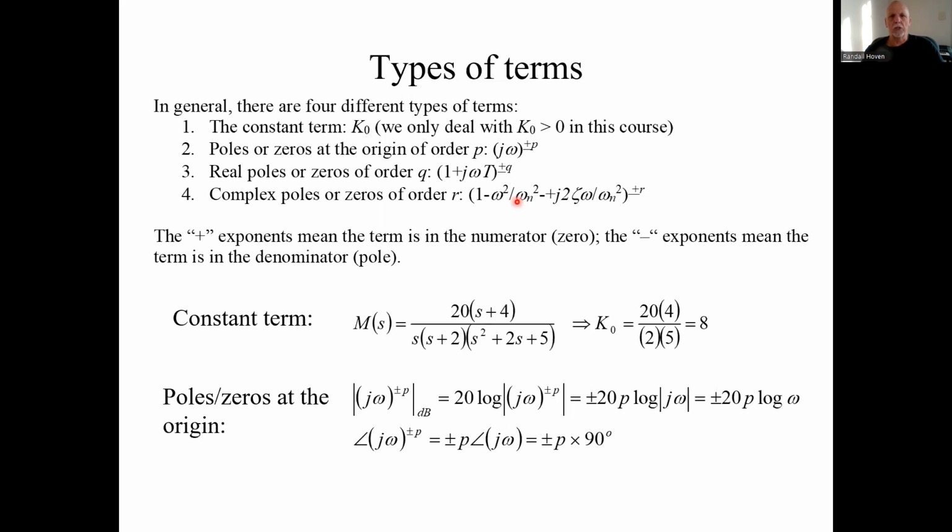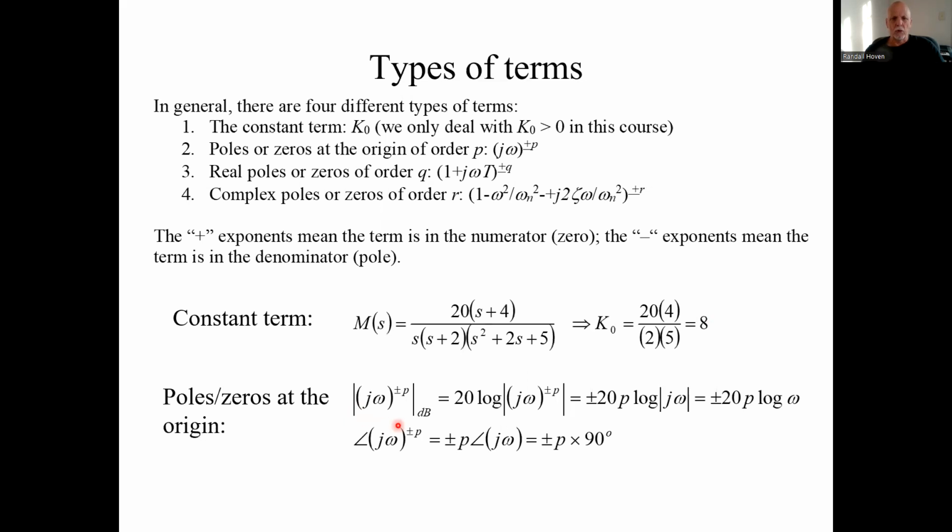So the terms would look like this. How do you get the constant term? There you just go back to the original transfer function, plug in 0 for s, and calculate the constant term. To put it in terms of dB, you have to take the log of this and multiply by 20.